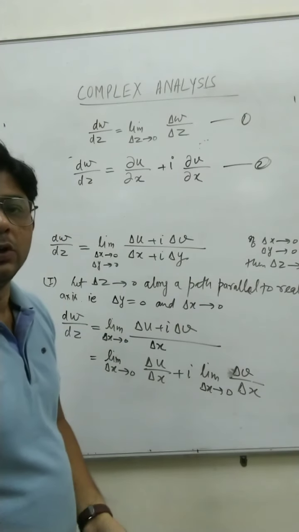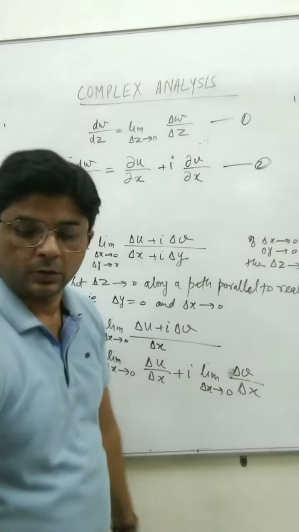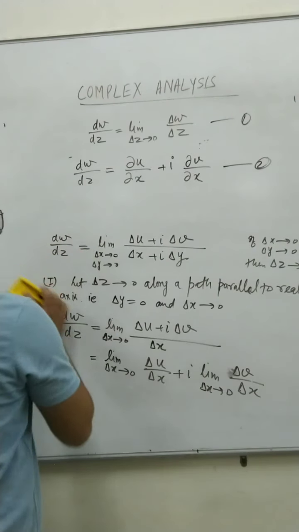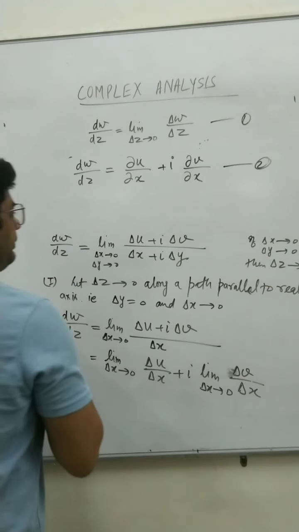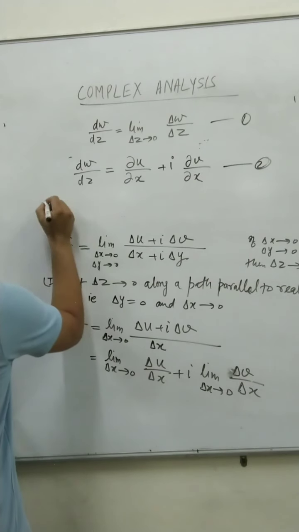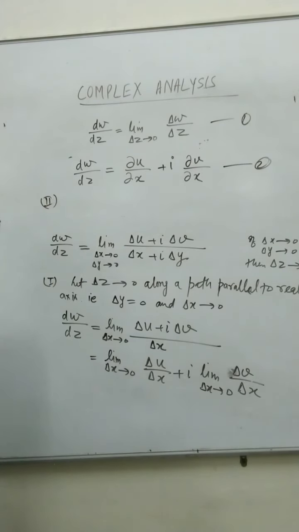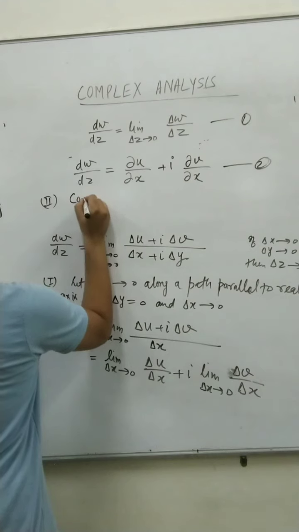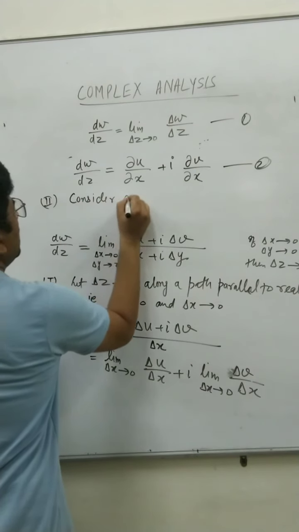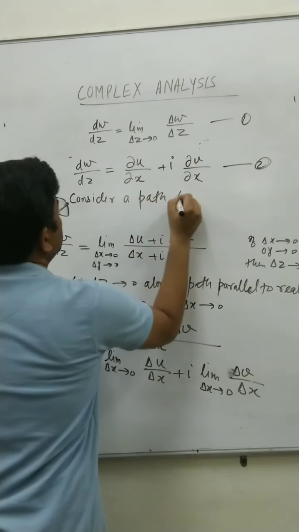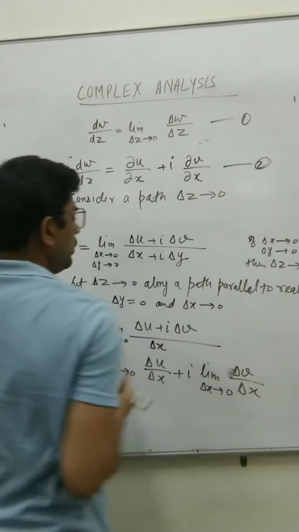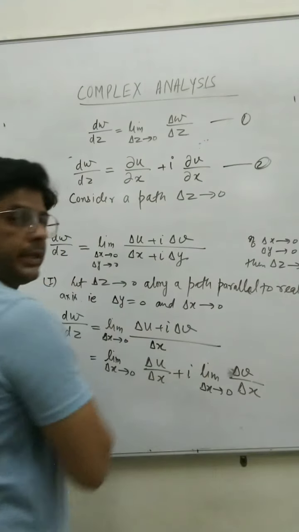Now we want to take another path. Secondly, now consider a path, delta z tends to 0, parallel to the imaginary axis.